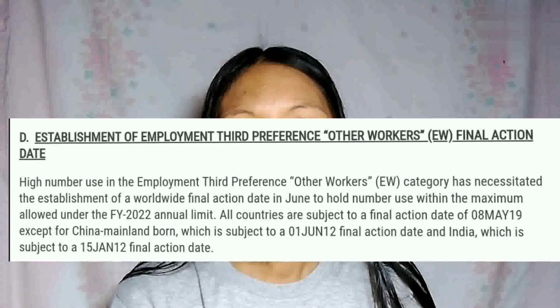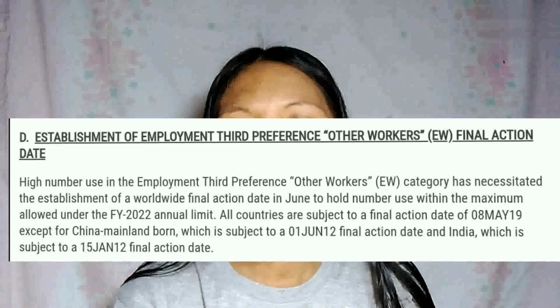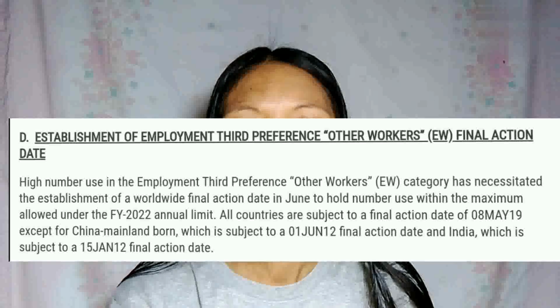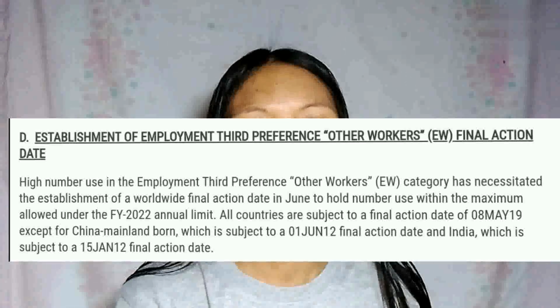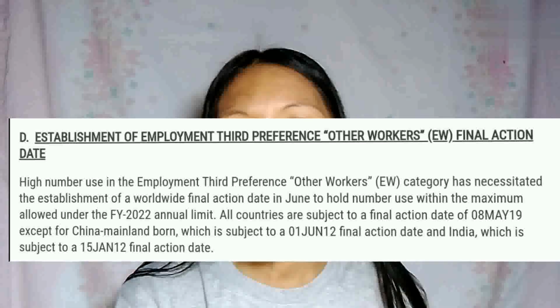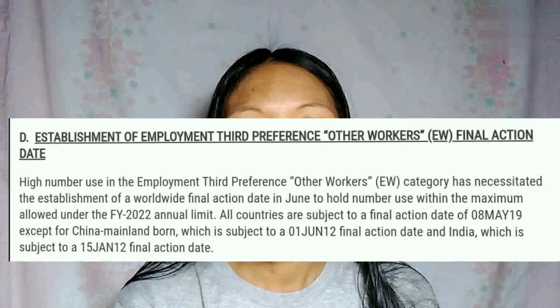All countries are subject to a final action date of May 8, 2019, except for China mainland born, which is subject to a June 1, 2012 final action date, and India, which is subject to a January 15, 2012 final action date.